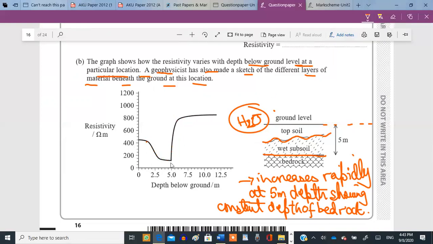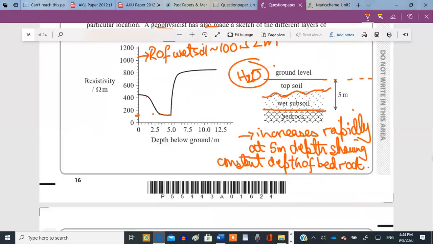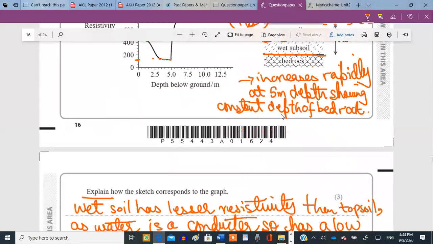For example, the wet soil has a value somewhere over here. It's approximately 100. So resistivity of wet soil is approximately 100 ohm meters. So this statement also had 1 mark. So for graphs, try stating the points whenever you get a graph next time in the past papers, okay?